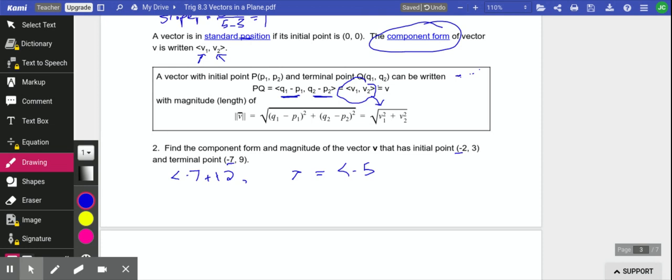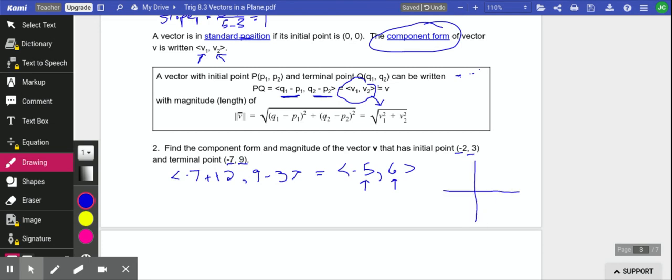And then for the y coordinate, we're going to do terminal y minus initial y, so 9 minus 3, which is 6. Okay, so what this is telling us is from our initial point, it's gone left 5 and up 6. Let me actually graph that for you.